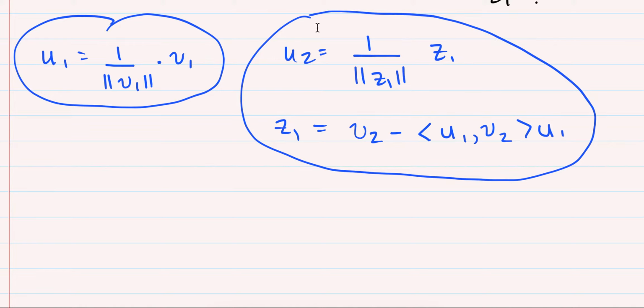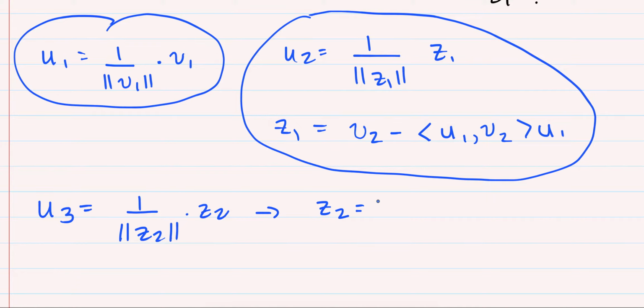All right, now I'm going to do U3 a little bit quicker, and then we'll come up with the formula for any Uk. So the idea for U3 is we're going to take a vector Z2 and divide it by its length. We need to figure out what Z2 is.